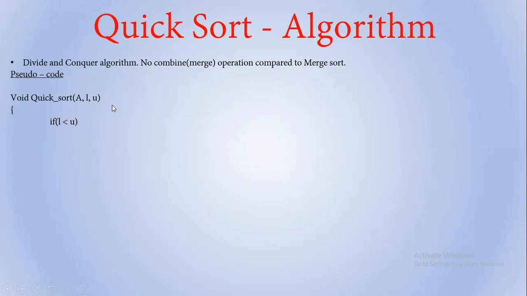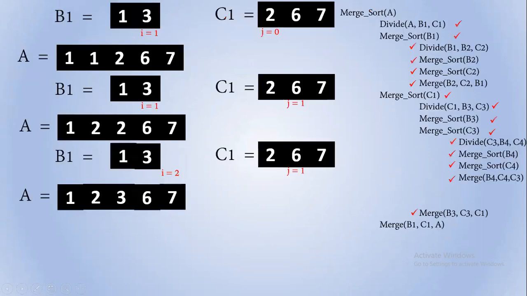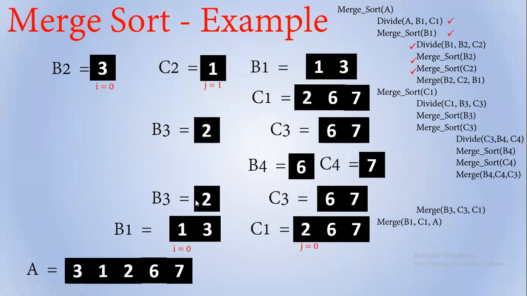But for example, if the element size is 1, just like in this example, and quicksort is given this kind of array as input, what will be the L and U values?